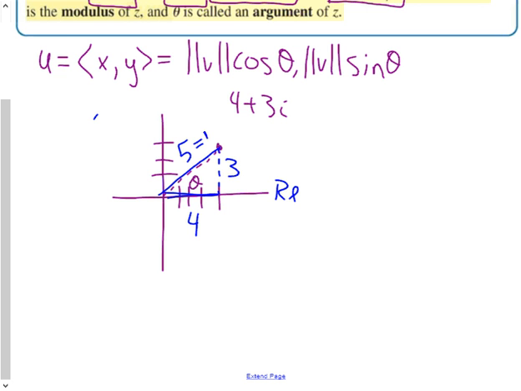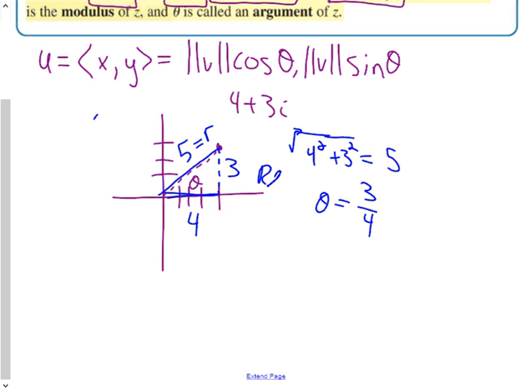5 is going to be what r is, the square root of 4 squared plus 3 squared, so it's a Pythagorean triple. We'll just go with that math and say it's 5. You can do 16 plus 9 is 25 as well. And tangent of our angle equals our y value over our x value, so we're going to tan inverse 3/4 to get our angle.